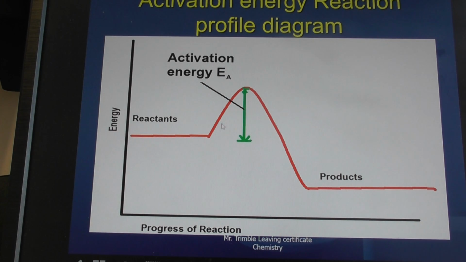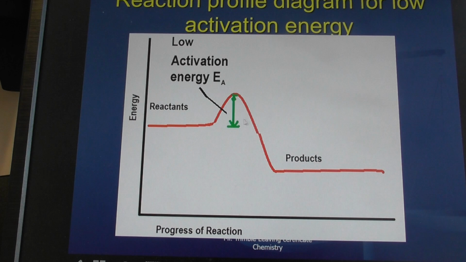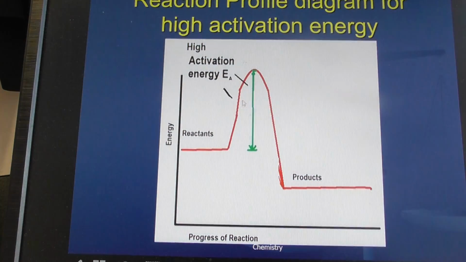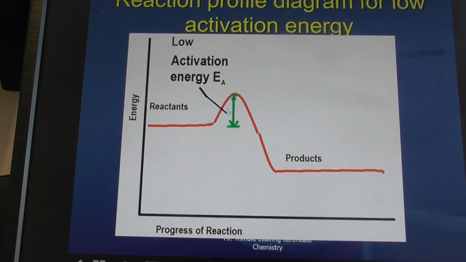So the striking of a match would get you from here to here. With a low activation energy, a small peak, there's always some activation energy, but a lot of reactions occur at room temperature. Room temperature is a lot of the time enough energy for a reaction to occur. And then we put things into the freezer to try and reduce the levels of reaction, and put things into the oven to allow them to get over the hump of the reaction.